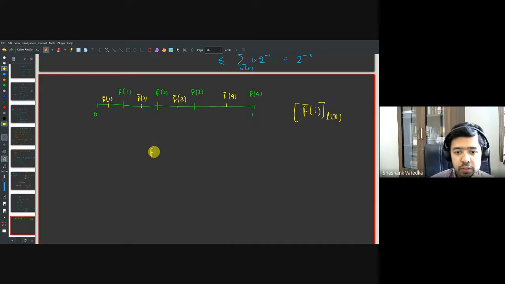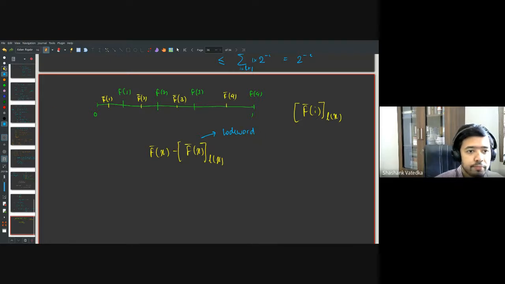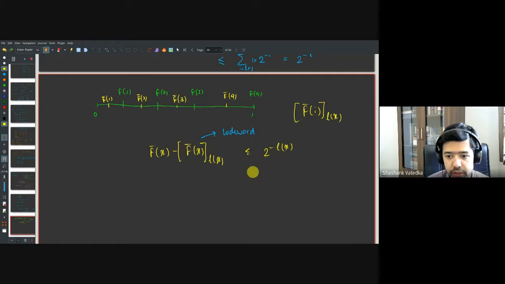So f bar of x minus f bar of x truncated to L of x, remember, this is the actual code word, is less than or equal to 2 to the minus L of x. But what is L of x?